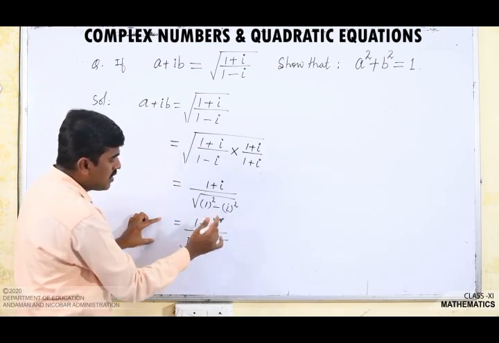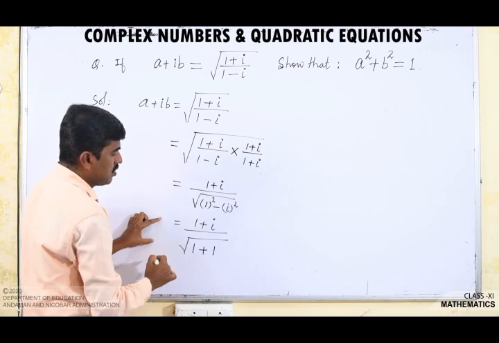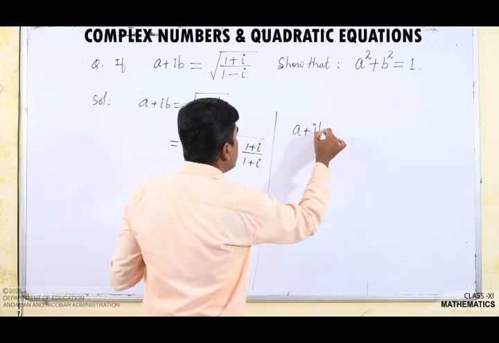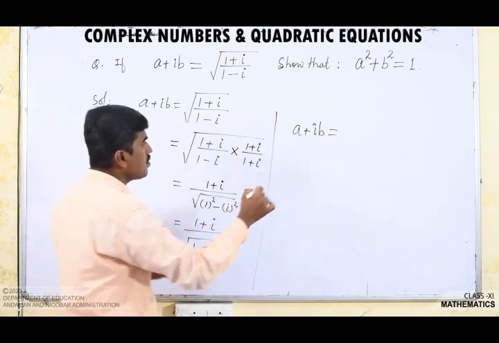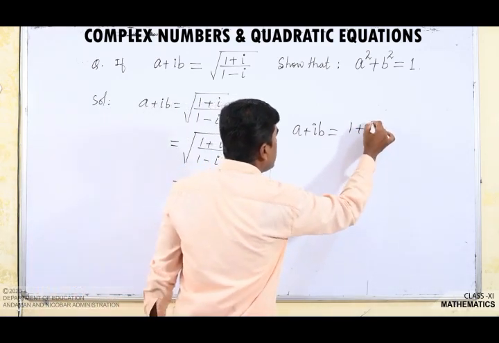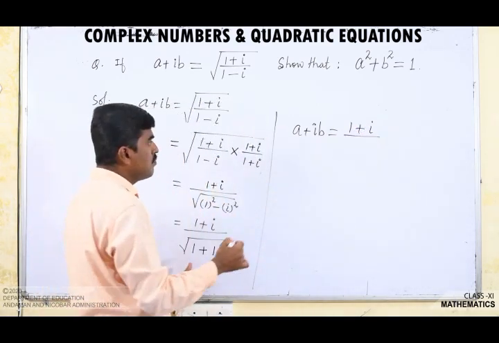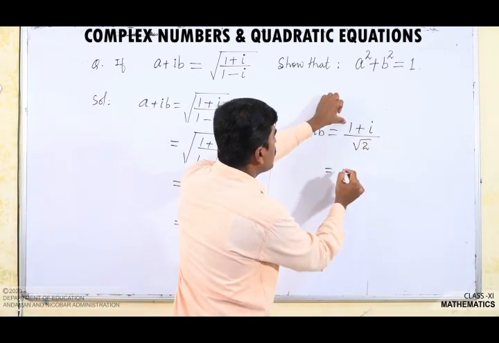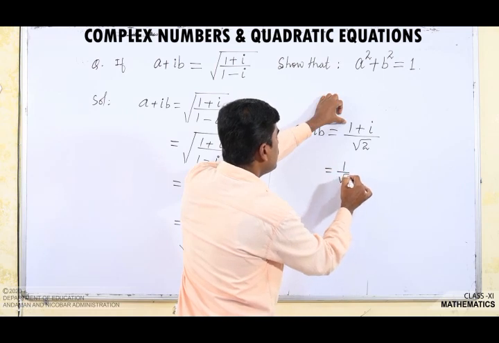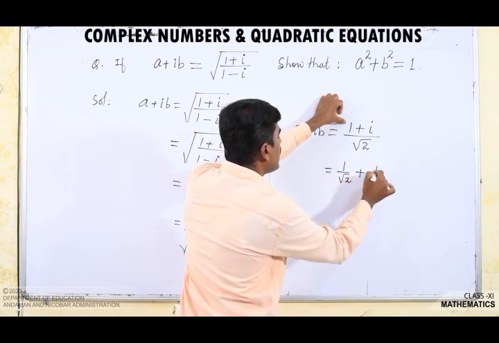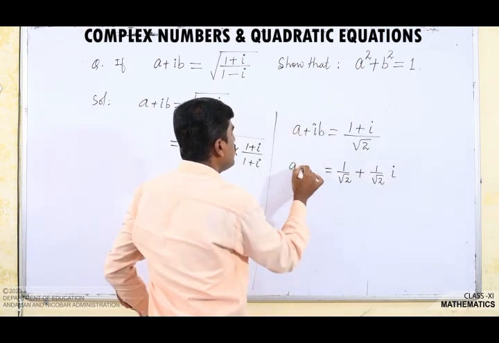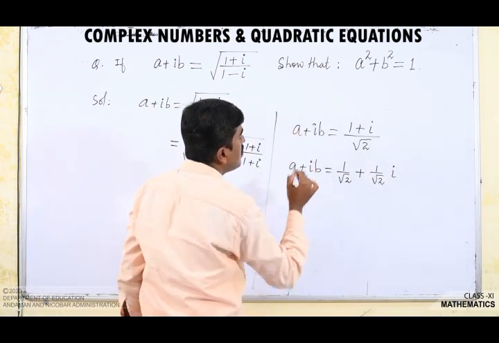So here it is minus, so it will be plus 1. So this a plus ib is equal to 1 plus i divided by root over 1 plus 1, that is root 2. So it can be written as 1 upon root 2 plus 1 upon root 2 i. This is the value of a plus ib.